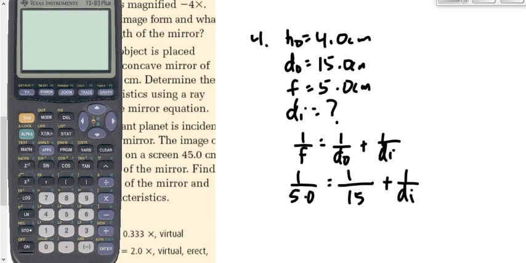We say 1 over 5, how do we enter that again? 5 to the minus 1. How do you take the 1 over 15 over, Justin? Subtract 15 to the minus 1. Flip that over. Gives me 7.5, positive 7.5.